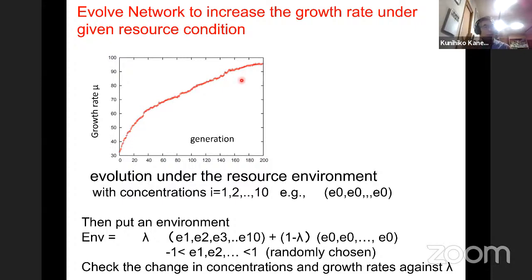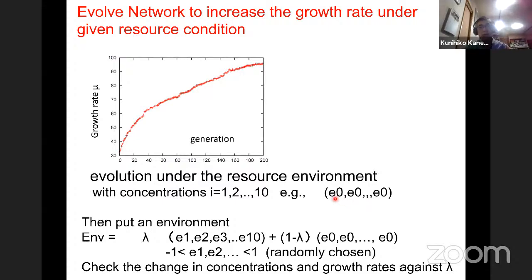So what we can do next is ask, can we have this kind of global linear law at this state in comparison to this initial state? And to do that, we put some stress. And stress here means changing the resource chemical concentration.